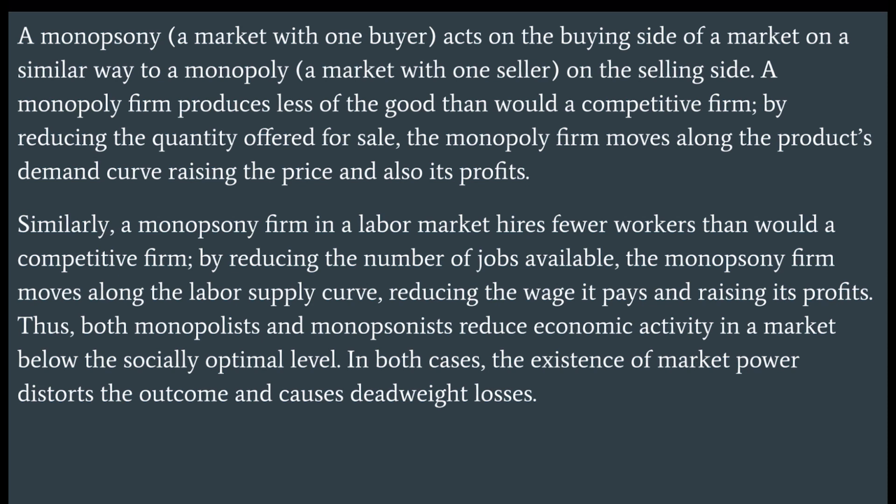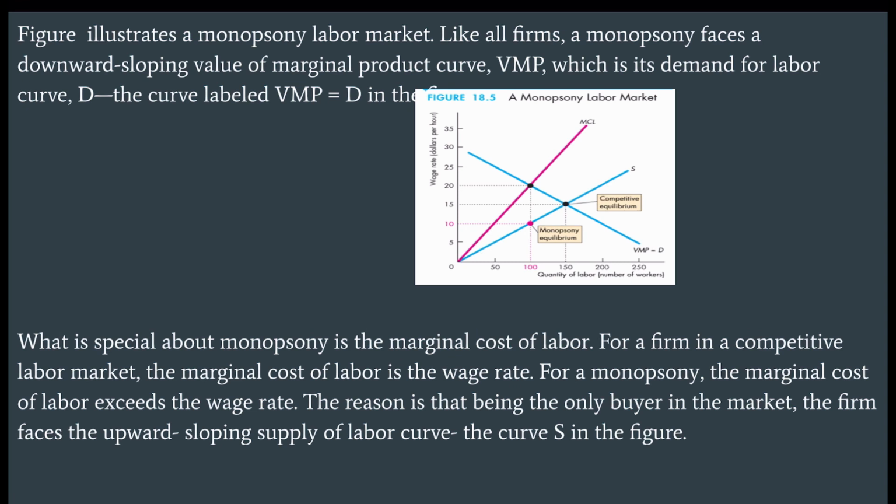By reducing the number of jobs available, the monopsony firm moves along the labor supply curve, reducing the wage it pays and raising its profits. Thus, both the monopolist and the monopsonist reduce economic activity in a market below the socially optimal level. So, in both cases, the existence of market power distorts the outcome and causes deadweight losses.